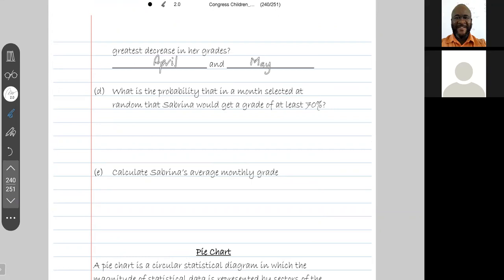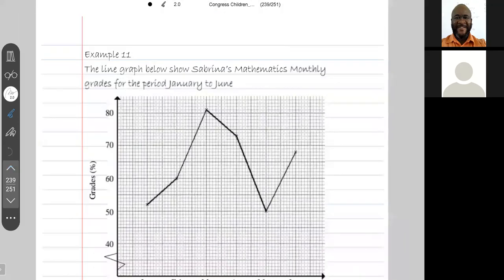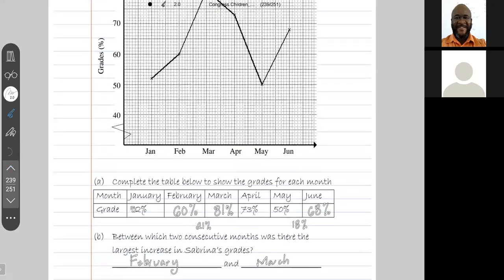What is the probability that in a month selected at random, Sabrina would get a grade that is at least 70%? So what you want is the probability that Sabrina's grade would be greater than or equal to 70%. Remember, at least is an inequality term, and it means greater than or equal to. So let us see how many times Sabrina's grade was greater than 70%.